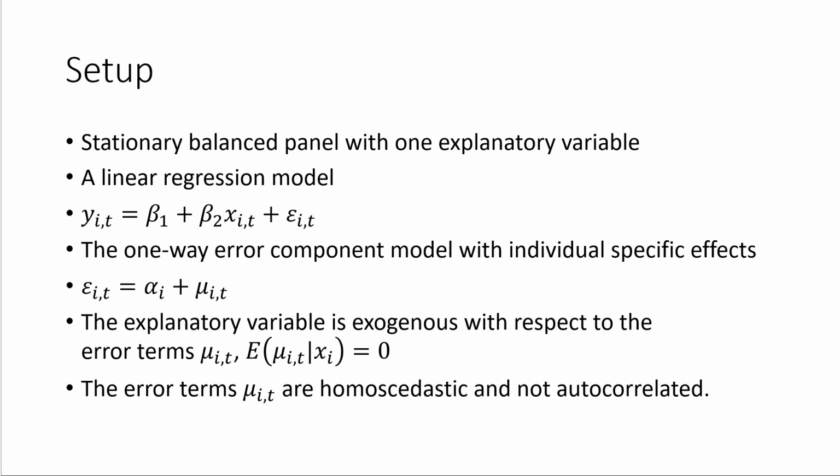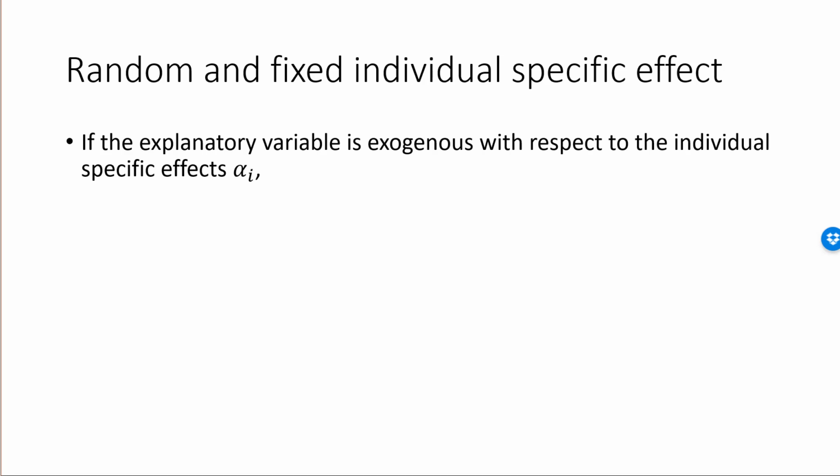So next, let us focus attention on the individual specific effects, the alpha_i's. We will distinguish between two cases. The individual specific effects can be either random or fixed. If the explanatory variable is exogenous with respect to the individual specific effect, that means that the expected value of alpha_i conditionally on x_i is 0.